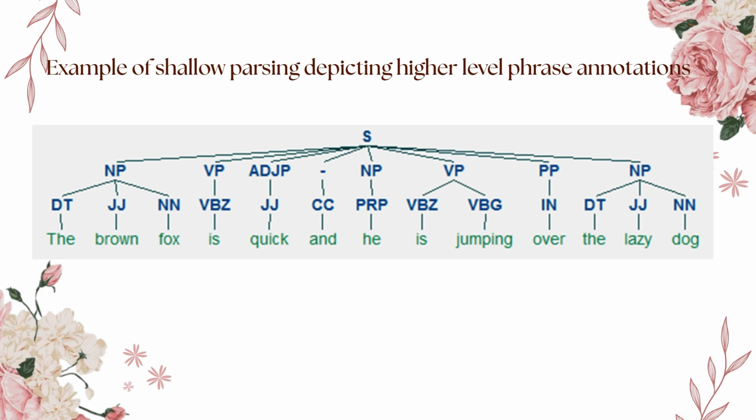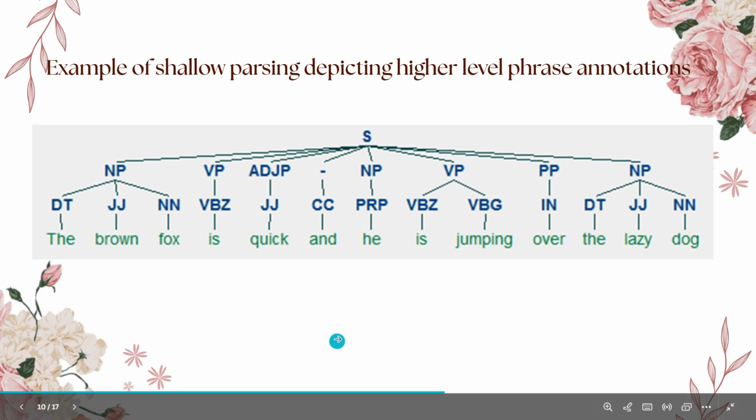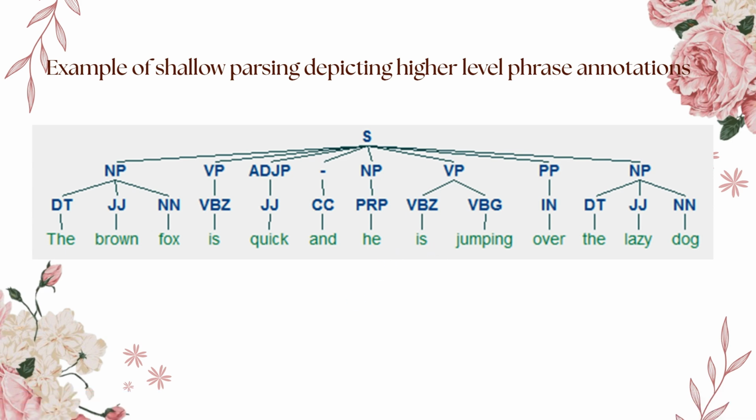So this is an example of shallow parsing, which includes the higher level parsing annotation. So here we have the same sentence we had taken initially. The brown fox is quick and he is jumping over the lazy dog. So based on the first two techniques, we are given the tagging for each word.